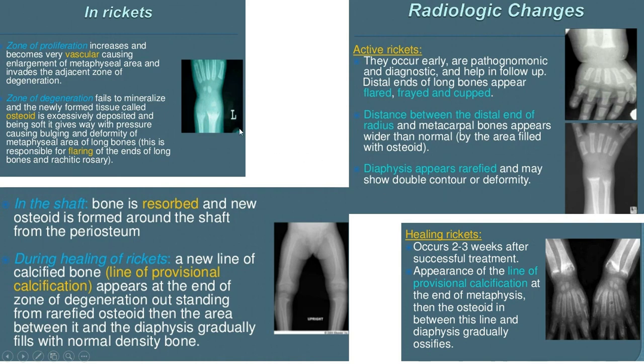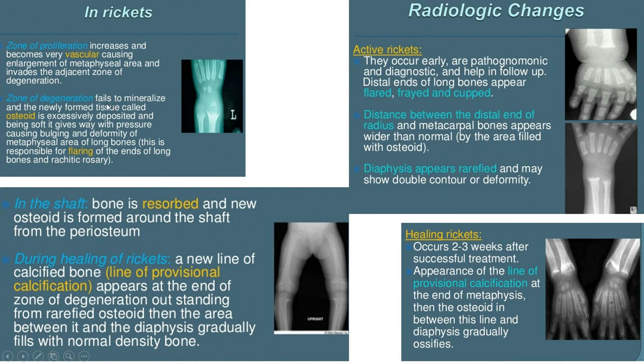Now in rickets, what happened: due to increase of the zone of proliferation and vascularity, there is enlargement of the metaphyseal area, and it can invade the adjacent zone of degeneration.